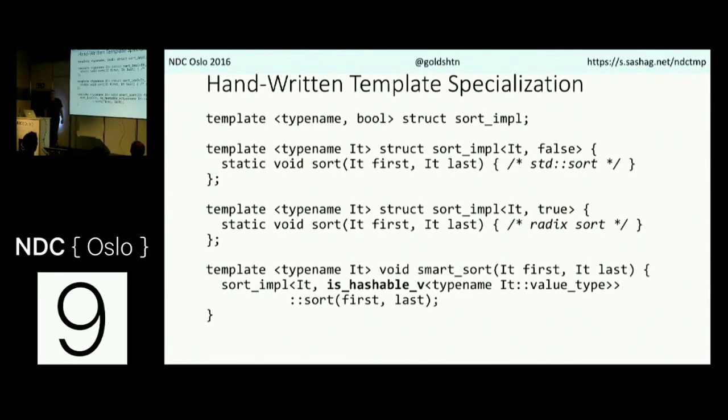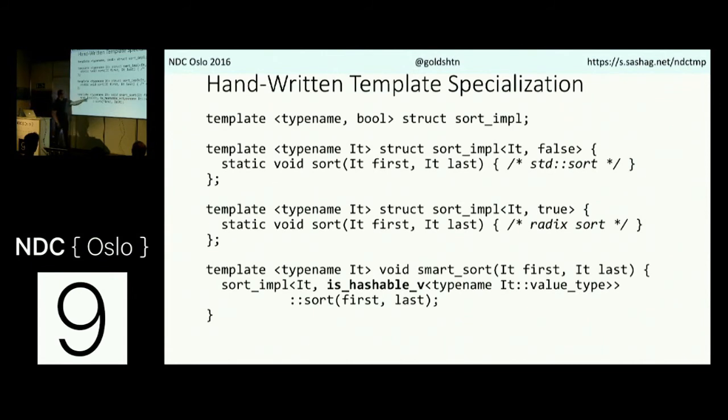In this version, I parameterize sort impl by whether the value type of that iterator has some property. So is hashable v, that's not a standard library thing, but it's a type trait that we built, right, using the techniques we talked about previously.